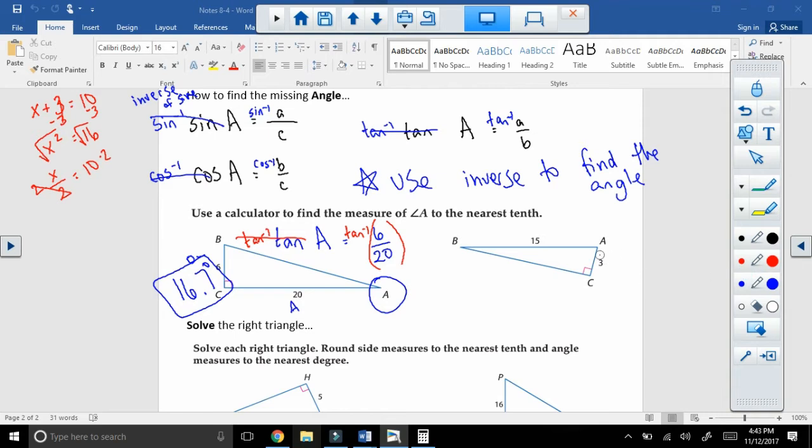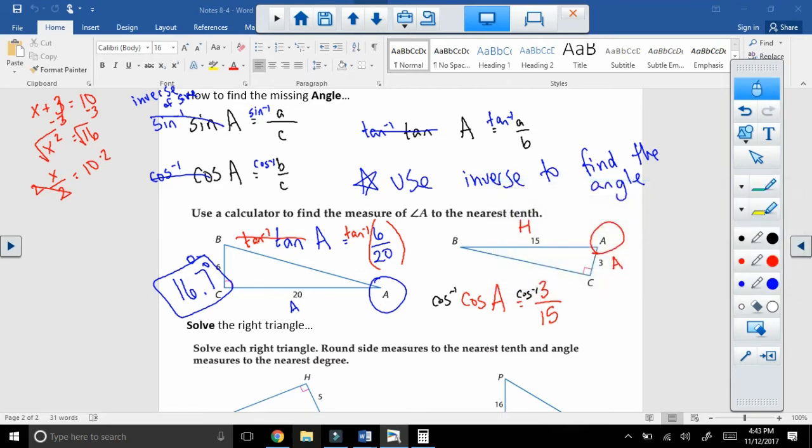For this next one, finding angle A, don't let this throw you off. This is the hypotenuse because it's opposite from that right angle, and this one would be adjacent, so that's going to be cosine. So cosine of angle A equals the adjacent over the hypotenuse, and to solve that I'm going to do the inverse cosine so that I can find that angle.